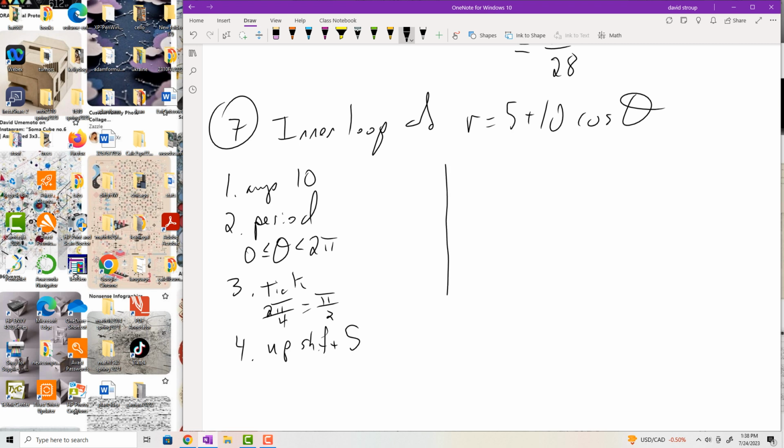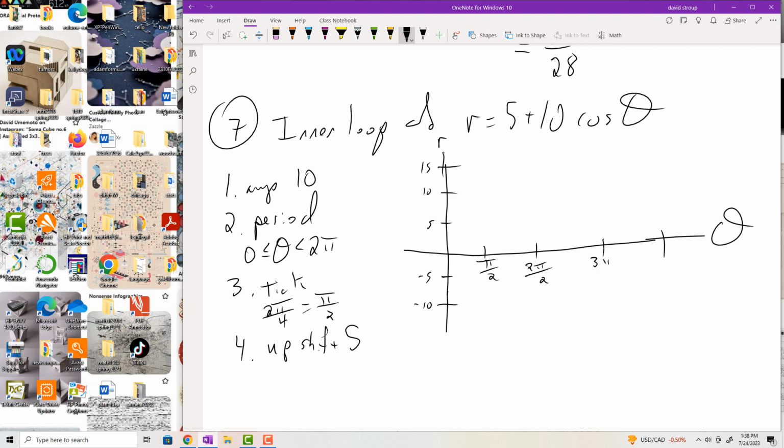Okay, so let's try to graph this thing. Going by 5s on the y-axis, pi over 2s. I mean, it's not the y-axis, it's the r-axis in this case. Okay. So it's a cosine function, so it looks like handlebars of a motorcycle.